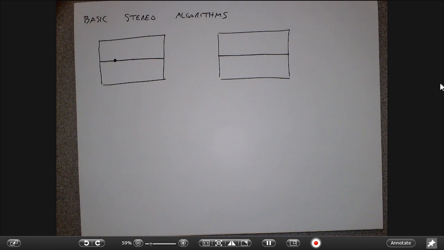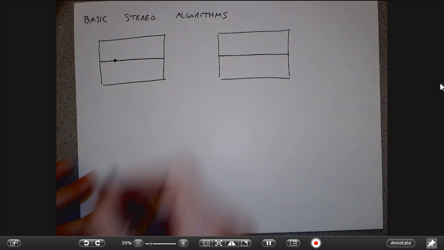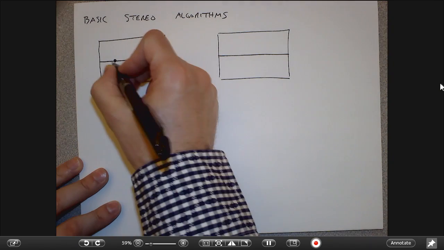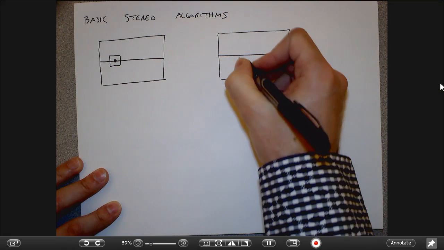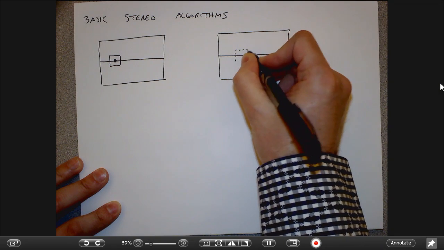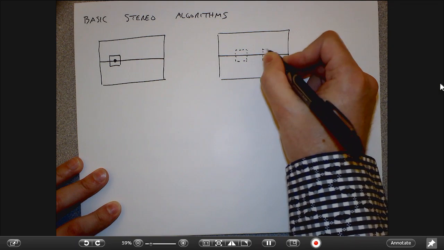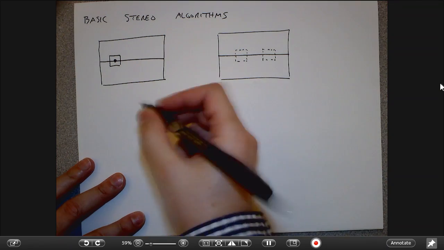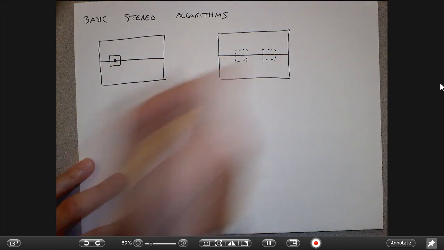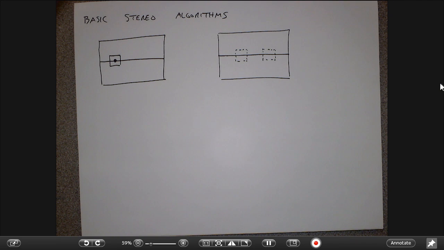The easiest thing I could do would be to say, okay, I'm going to build a little window around here, and I'm going to search for the best matching window over here. Super easy. There are a couple things we could do. We could compare all the pixels and look at the sum of squares distance. That's the kind of thing that happens a lot in some of the algorithms we talked about earlier. In stereo, you often see what's called the sum of absolute distances.